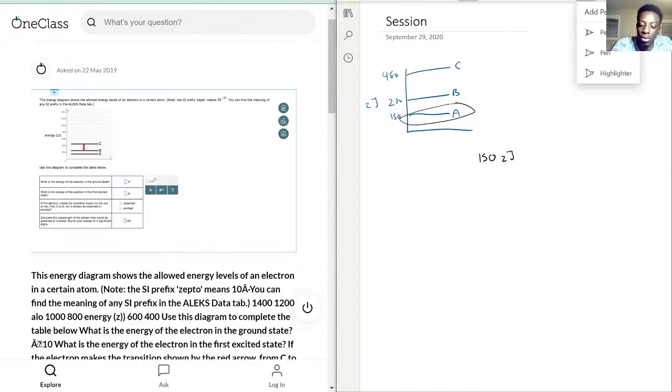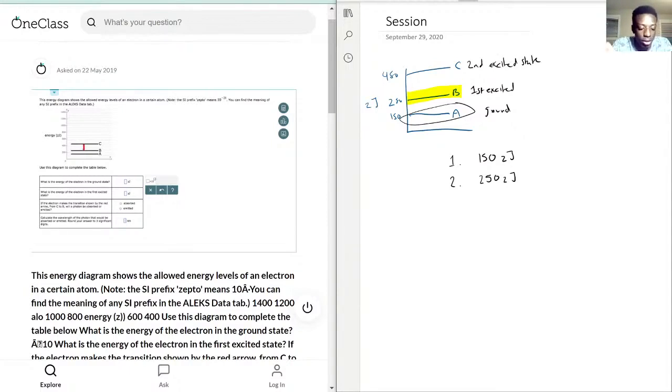It's just going to be 1 above the ground state. So part 2 would be 250 zeptojoules, because that's the energy level of the electron in the next state above the ground state. And this is the ground, and this would be the second excited state.